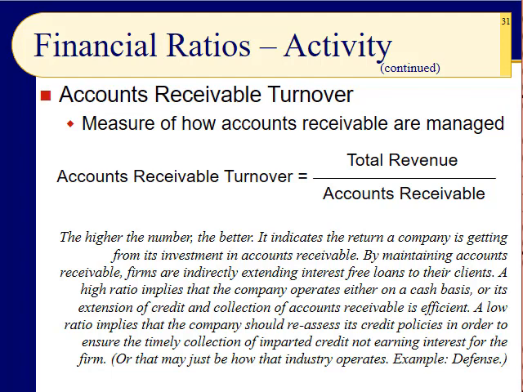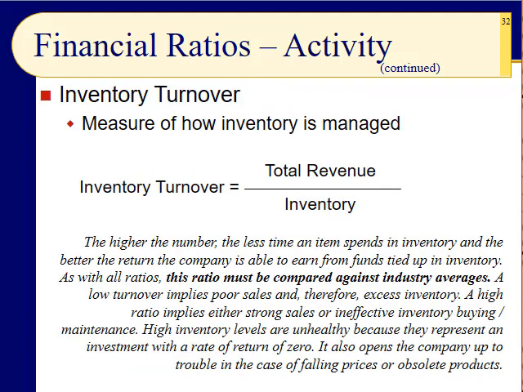We're not that big. Okay, the next one is the same idea, but it's inventory turnover. We take the total revenue and we divide it by the inventory. The higher the number, the less time an item spends in inventory, and the better the return the company is able to earn from the funds tied up in inventory. As with all the ratios, we must compare them against the industry averages and our competitors.